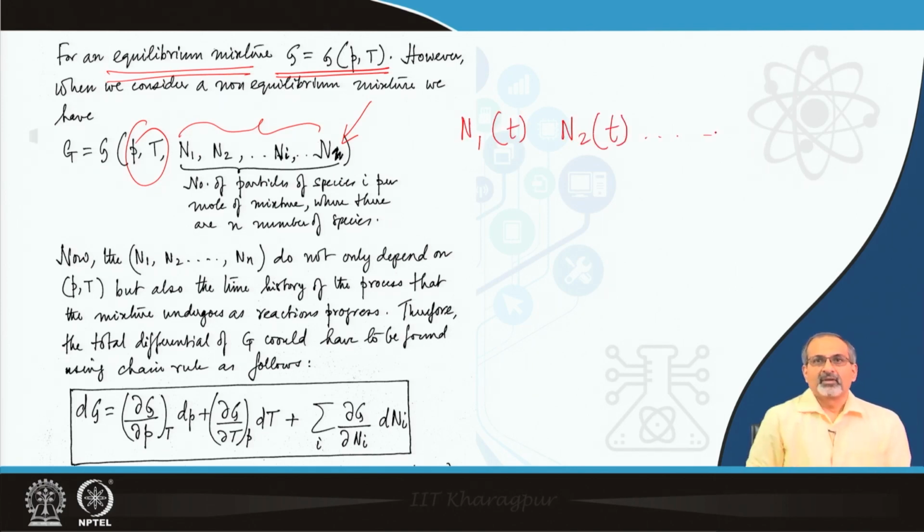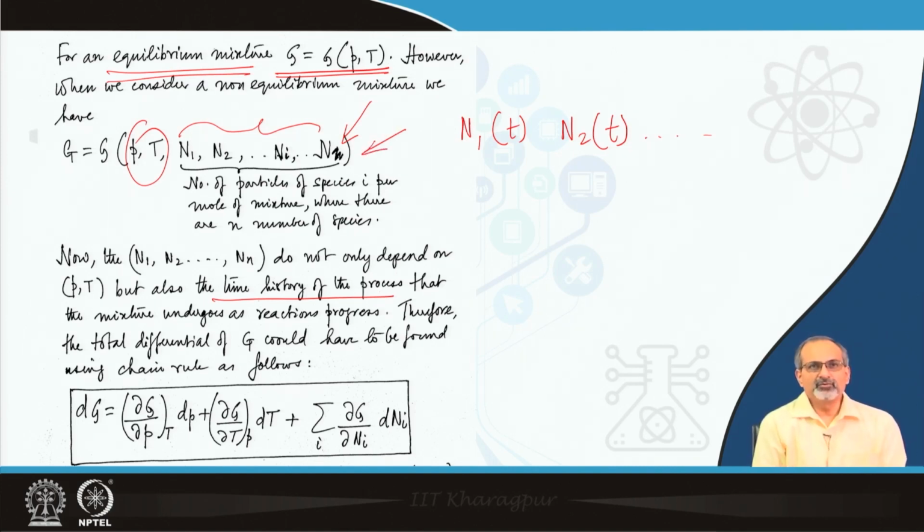and in a chemical non-equilibrium situation, the instantaneous value of G has to be based on their instantaneous population distribution as well as P and T. Now, those numbers n1, n2 to nn do not only depend on P and T, but also the time history of the process that the mixture would undergo as the reactions progress. Therefore, the total differential of G could be found if you apply the chain rule using this functional form.